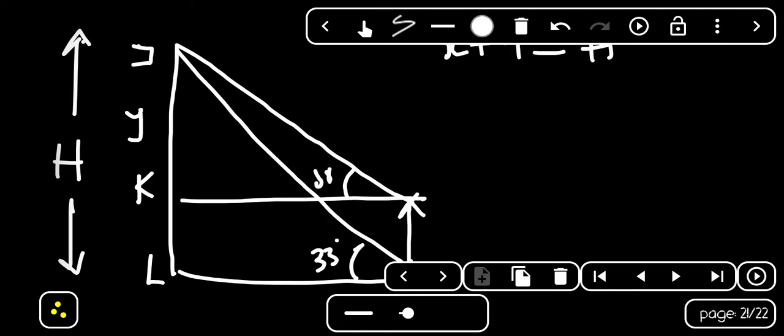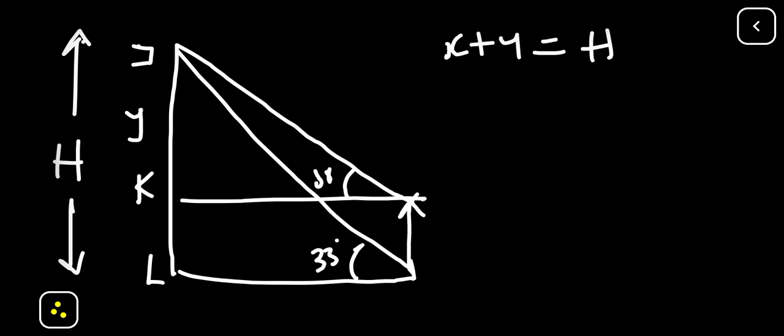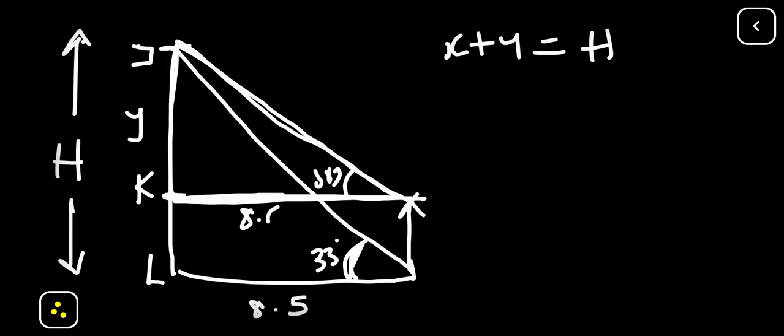Okay, so all we just need to do now is to find Y, and for us to do that, you see Y corresponds not to 33 degrees, but it corresponds to this triangle, because it's just from here to here. So we have the 30-degree mark here, and we have 8.5 here, so it's the same 8.5 that's here, because it's the same distance from here to here.